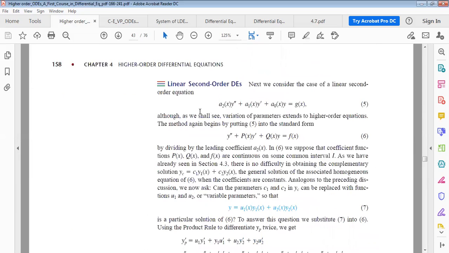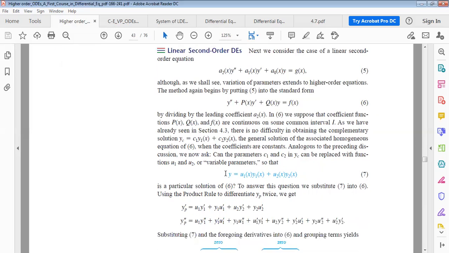Now we can examine the second order differential equations. This is the second order linear differential equation, and this is non-homogeneous because the right hand side is not 0. We can begin by putting equation 5 in the standard form: y'' plus p y' plus q y equals f(x).